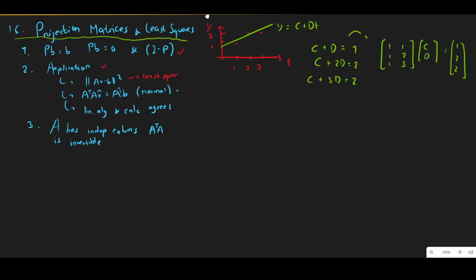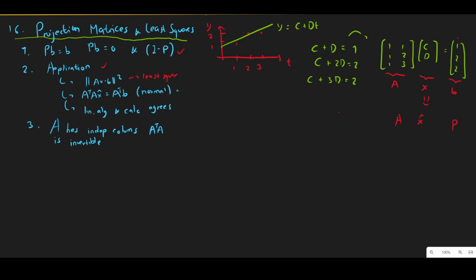And let's connect this with the previous lecture. So this one is A, and this is the solution x that we are interested in, and this is our b. But as you can see, it is not possible to find some combination out of this that results in b, because it doesn't exist in the column space of A. So we want to find some other combination which belongs in the subspace.